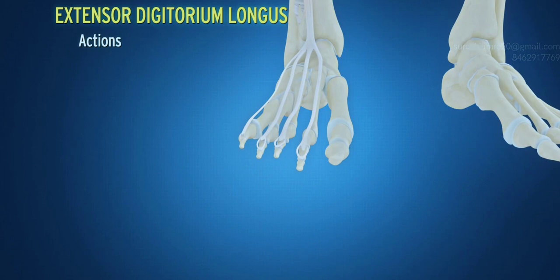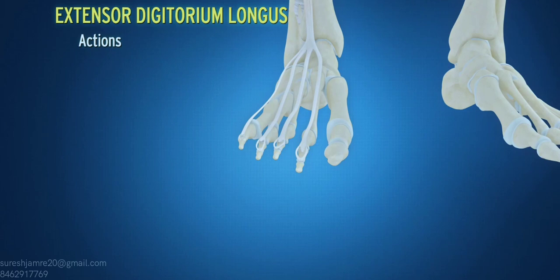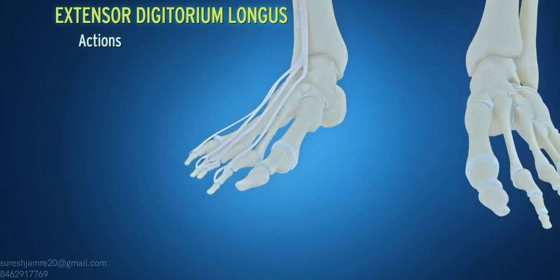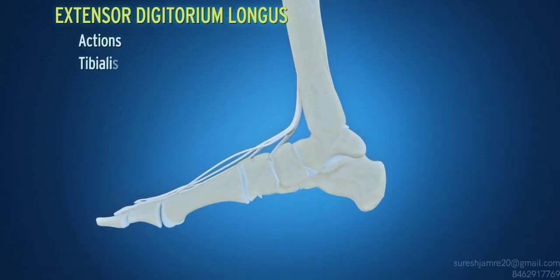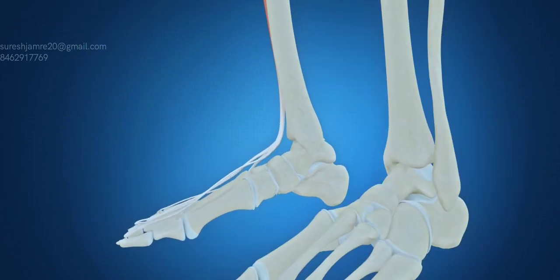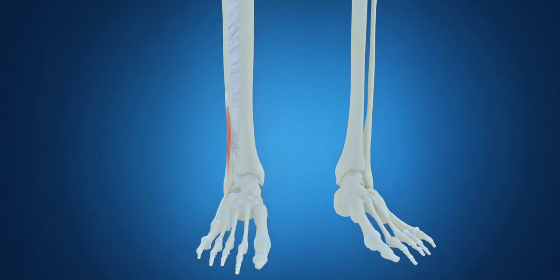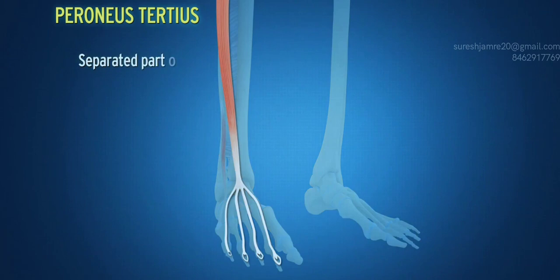Actions. It extends the lateral 4 toes, acting synergistically with tibialis anterior, extensor hallucis longus, and fibularis tertius. It is a dorsiflexor of the ankle. Peroneus tertius. It is a separated part of extensor digitorum longus and it may be absent.